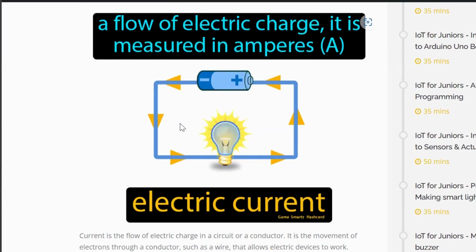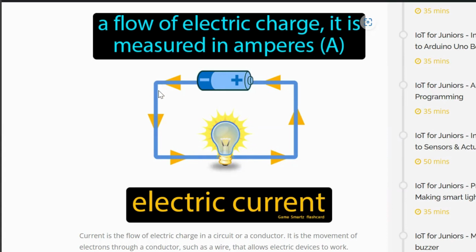So when we use some power source like a battery, which has energy in the form of potential energy, and some load like a light bulb, what happens?